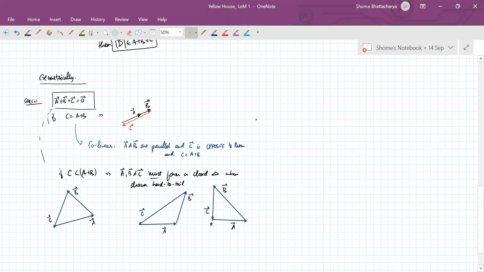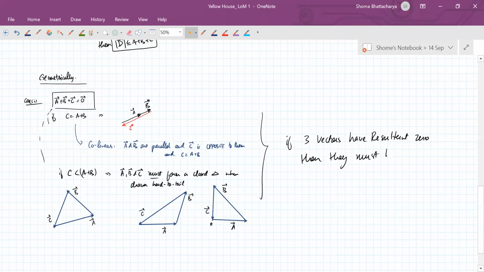Okay, so you can understand that if three vectors have resultant zero, then they must be coplanar. मतलब all three must lie in a common plane, because triangle is a planar shape.